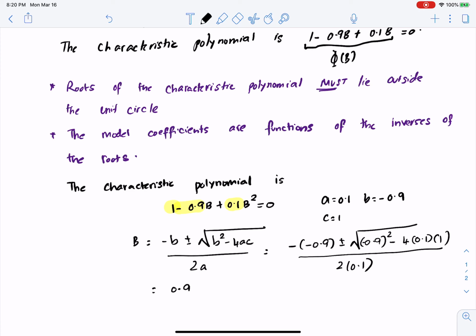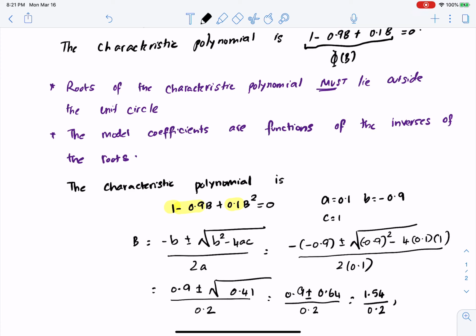So we will have 0.9 plus or minus the square root of 0.81 minus 0.4 over 0.2, and that would give us 1.54 over 0.2 and 0.9 minus 0.64, which is 0.26 over 0.2.